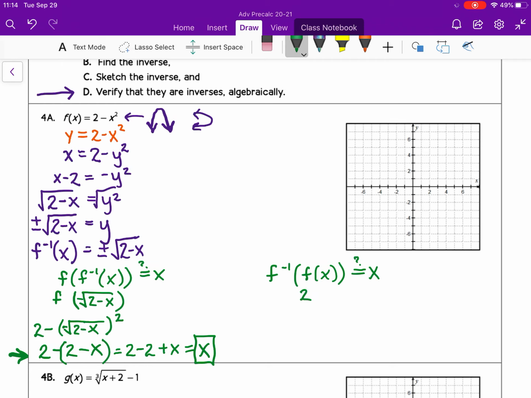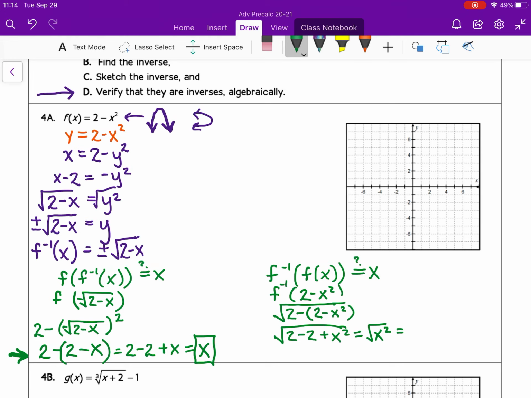All right, what if I went the other way? So the function is 2 minus x squared, and I want to substitute that into the inverse. So the inverse is square root of 2 minus x, but instead of x, I'm going to put 2 minus x squared. Which will leave me with square root of 2 minus 2 plus x squared.